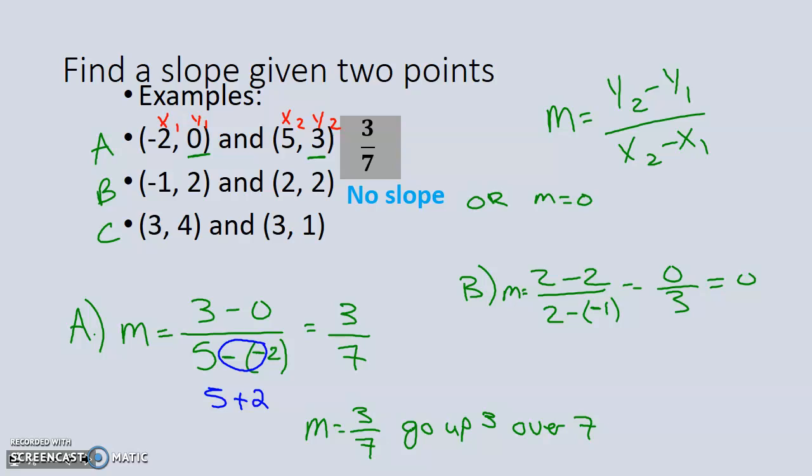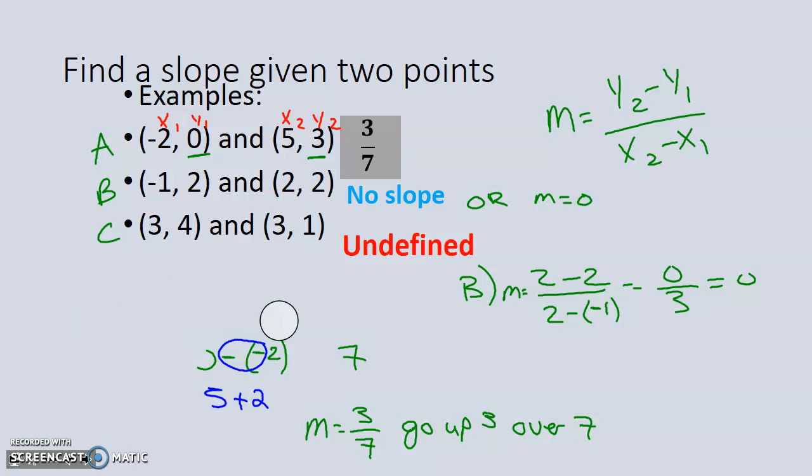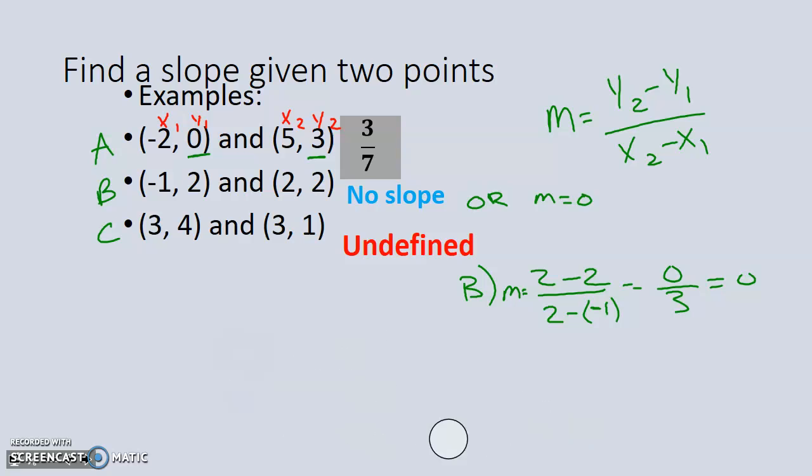How about C? Undefined. What does it mean to be undefined? So let me erase A here. Have more room. So when you set up C here, you would have had 1 minus 4 and 3 minus 3.